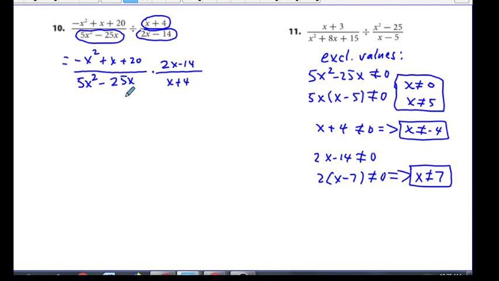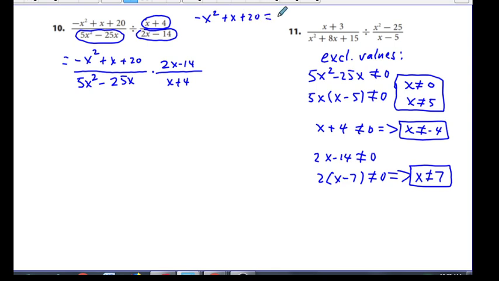And now to work out this problem here. Now this kind of creates a situation for us because I'm going to try to rewrite this x squared plus x minus 20 because that negative sign bothers me a little bit. So I'm going to take this negative x squared plus x plus 20.